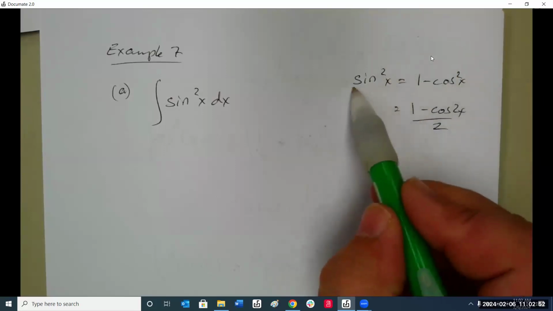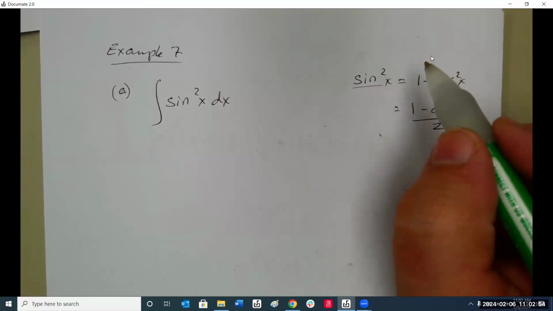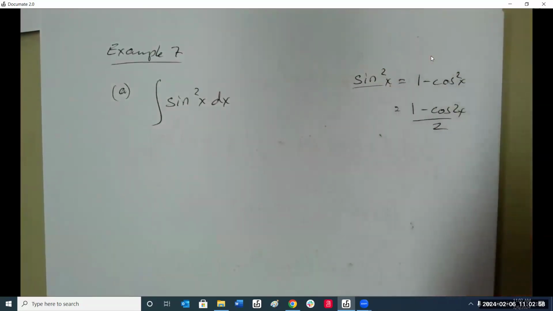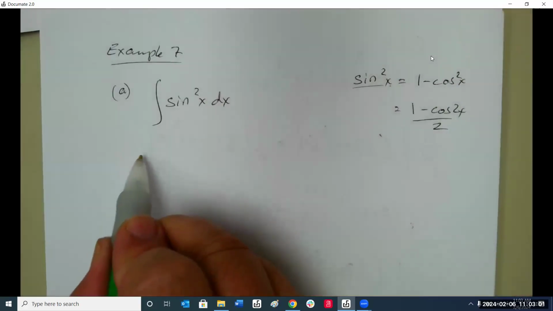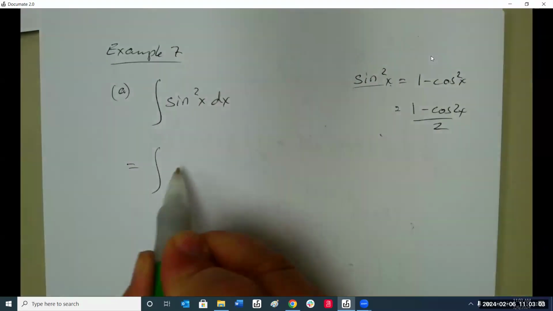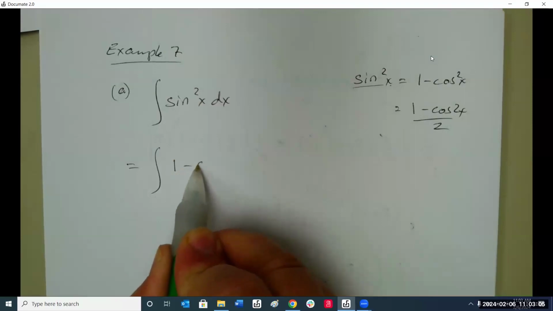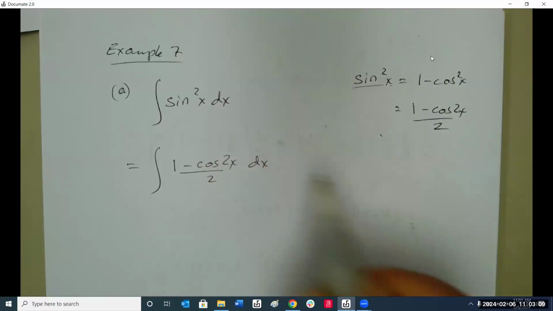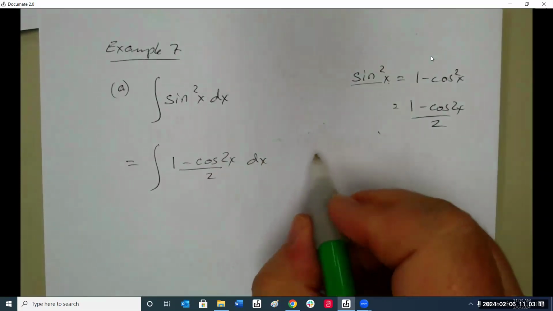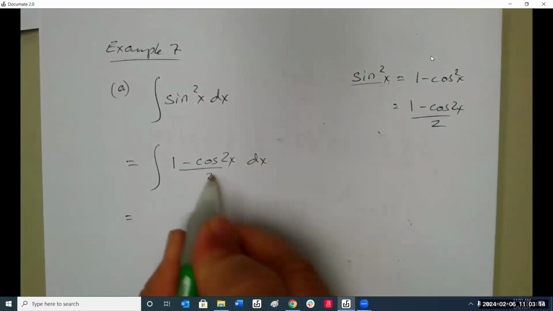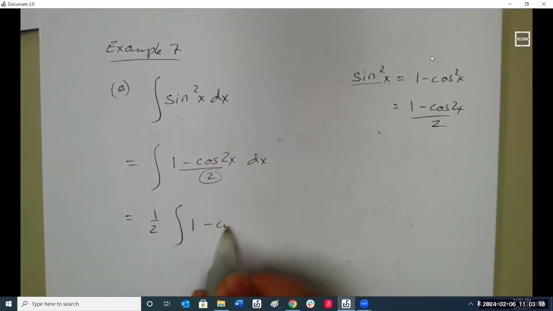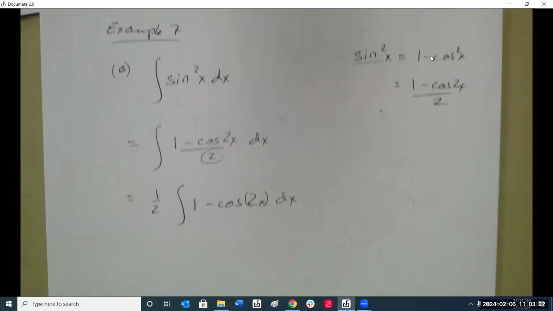Yeah, so this is what we look for. It may have sine squared u in there. So we rewrite this one as 1 minus cosine 2x over 2 dx, and take out the bottom 1/2, 1 minus cosine 2x dx.